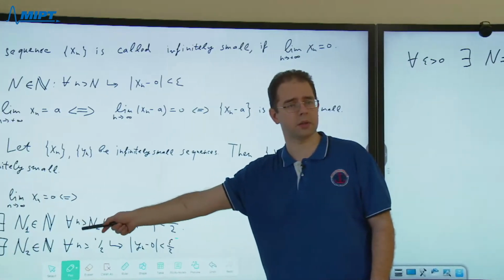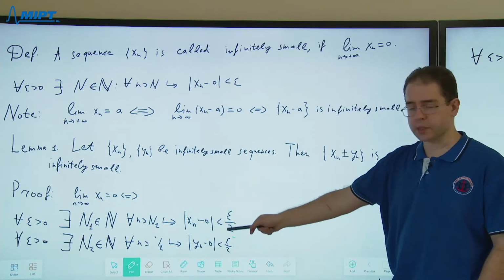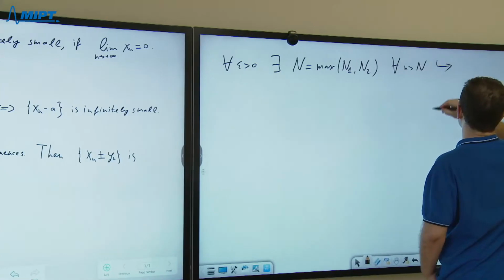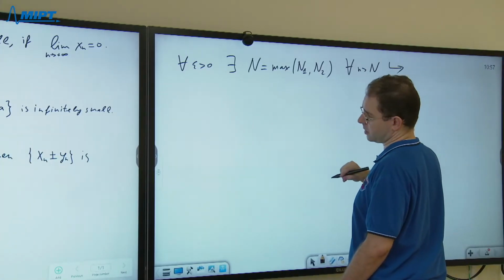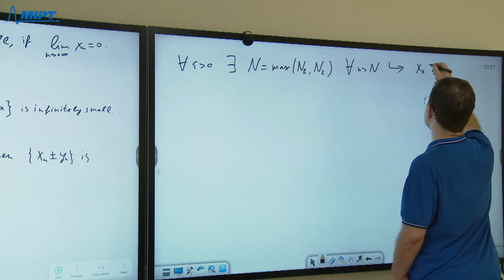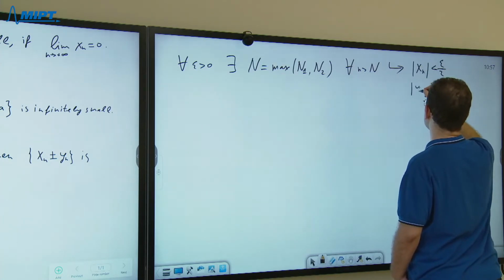Can you see those inequalities? Okay, so both of those statements hold. It would follow that the absolute value of xn is less than epsilon divided by 2 and the absolute value of yn is less than epsilon divided by 2.